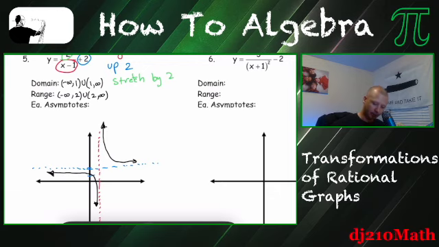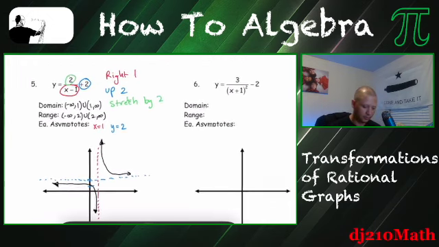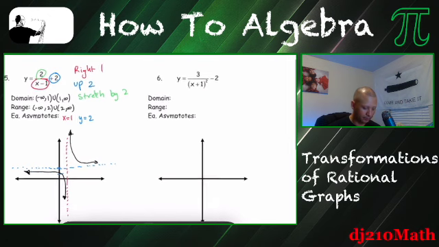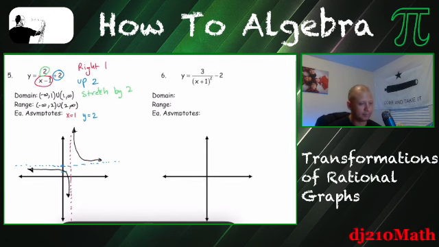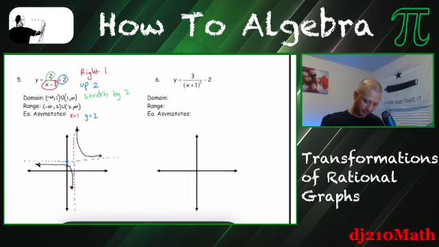The equations for the asymptotes: the vertical one, x equals 1. The horizontal one, y equals 2. So you can leave that up for a little reference. All right, we're almost done. Let's see if we can get less than 30 minutes.